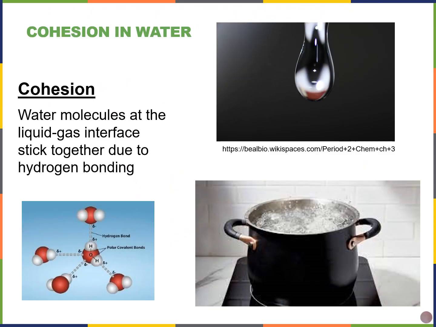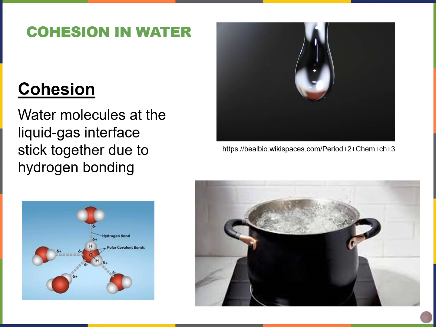Cohesion is another property. What is cohesion? That means that water likes to stick to water. They bind together through those hydrogen bonds. One example is whenever I'm trying to boil water, it takes forever because the water molecules that are forming the hydrogen bonds in the liquid state don't want to let go.